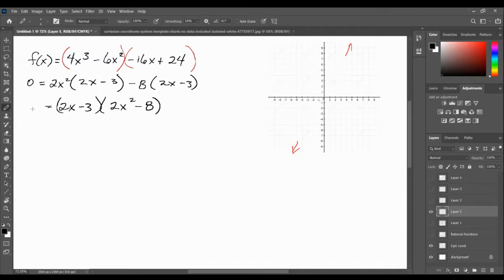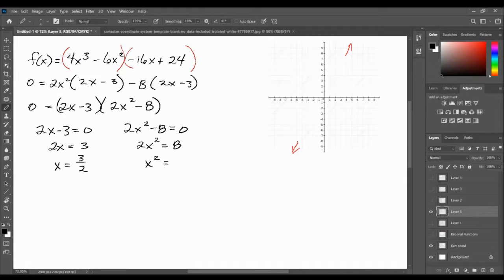So we're setting these equal to 0. So set each of those equal to 0. Add 3 to both sides. Divide by 2. And over here, add 8 to both sides.